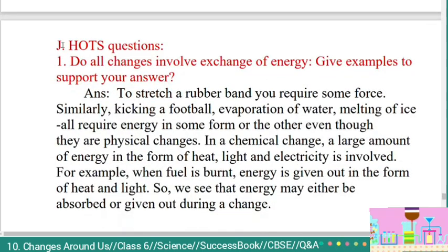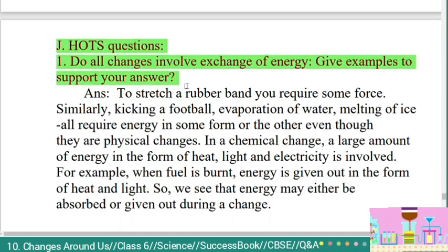Next, HOTS questions. First question, do all changes involve exchange of energy? Give examples to support your answer. Answer, to stretch a rubber band, you require some force.